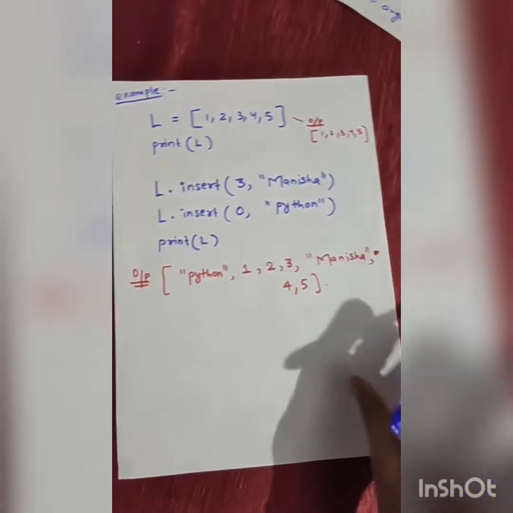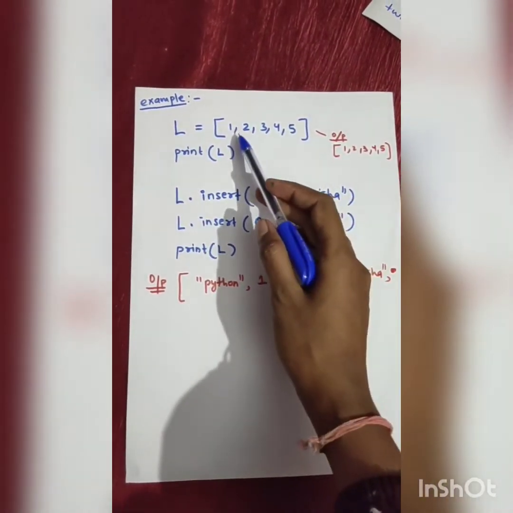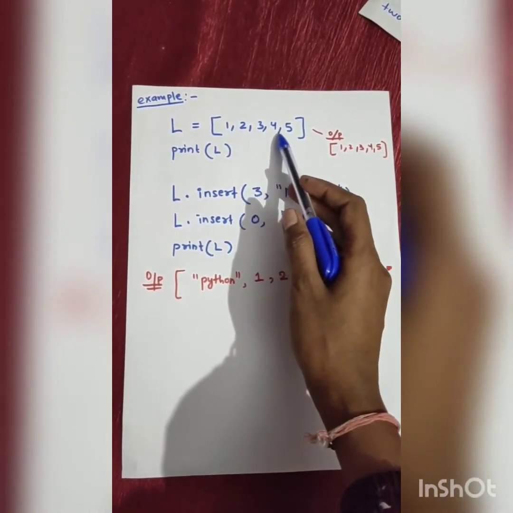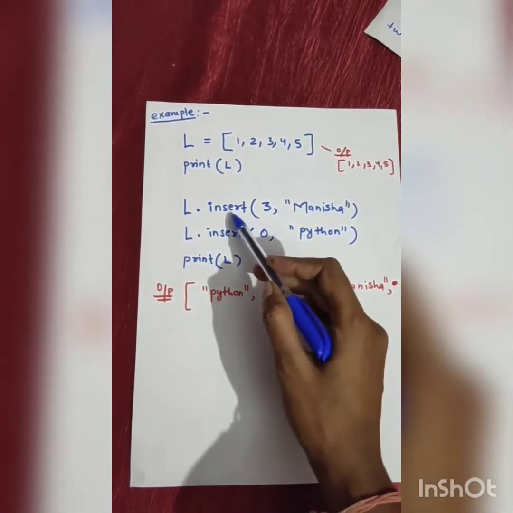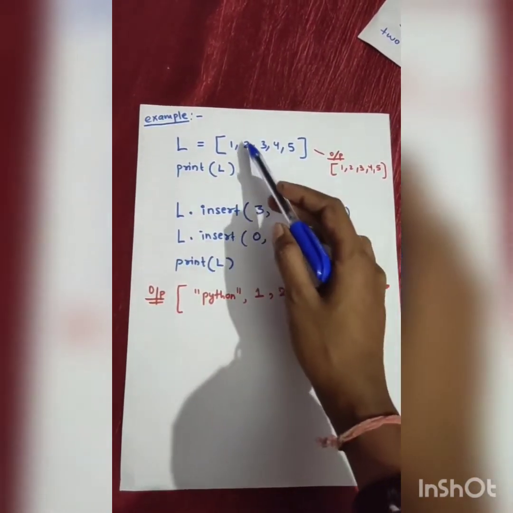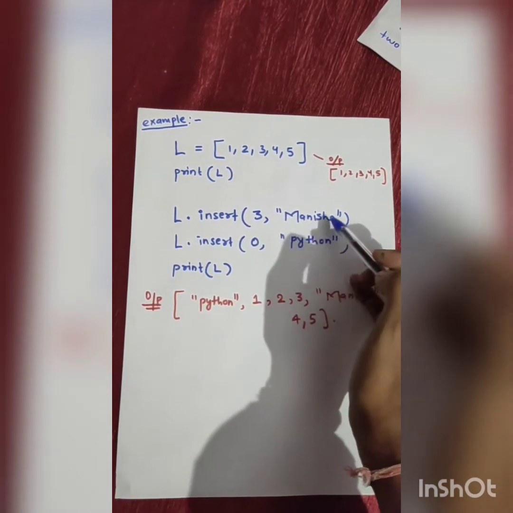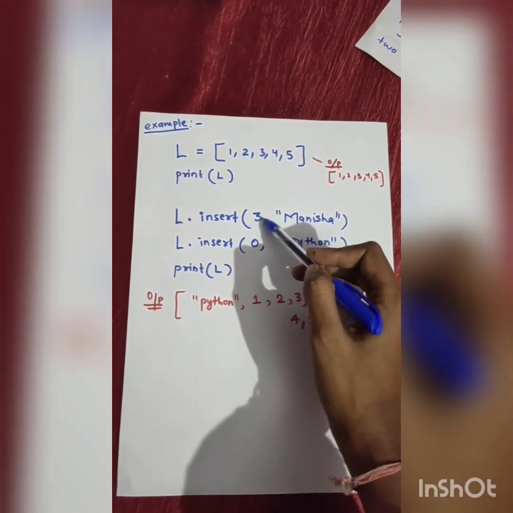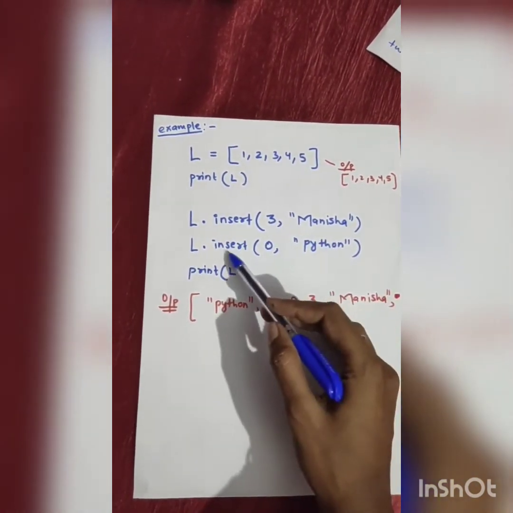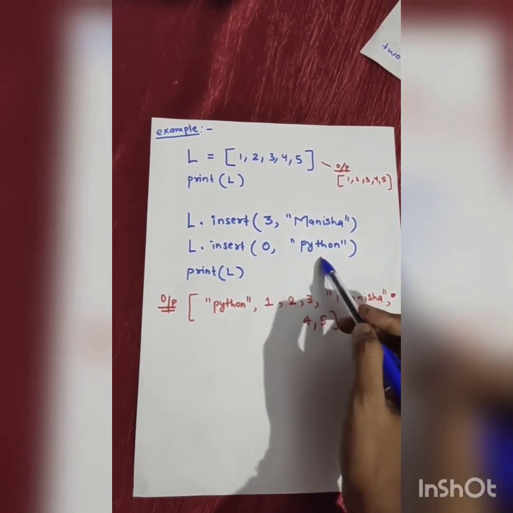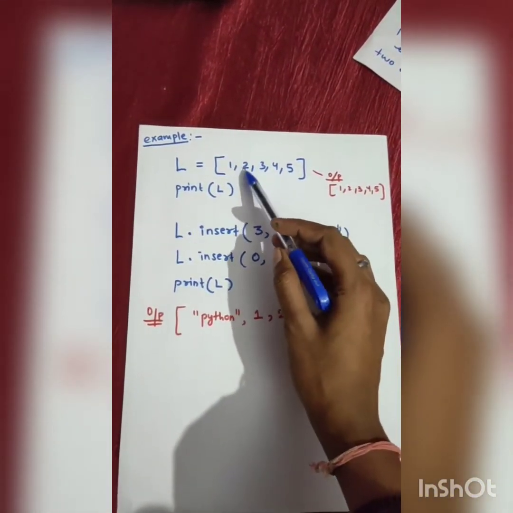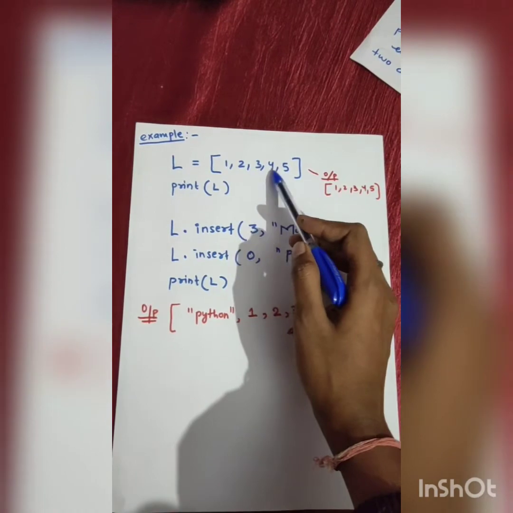You can see the example. I have created one list 1 2 3 4 5. I want to insert at position 3 Manisha, and at position 0 I want to add Python. The original list is 1 2 3 4 5.